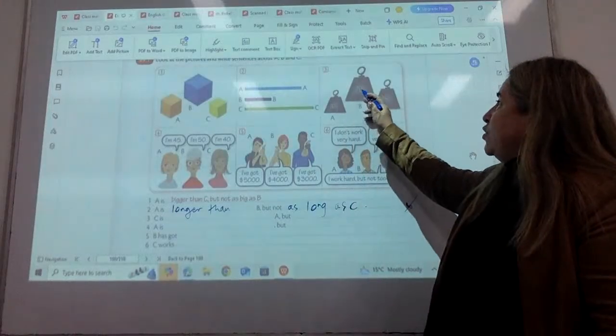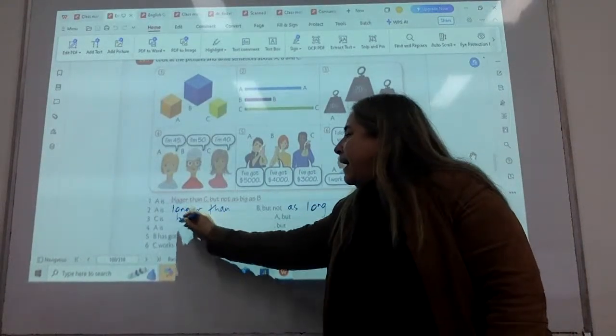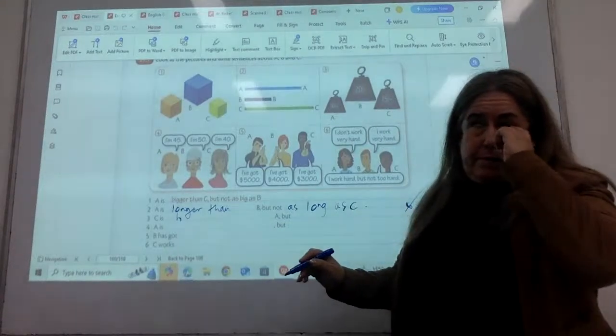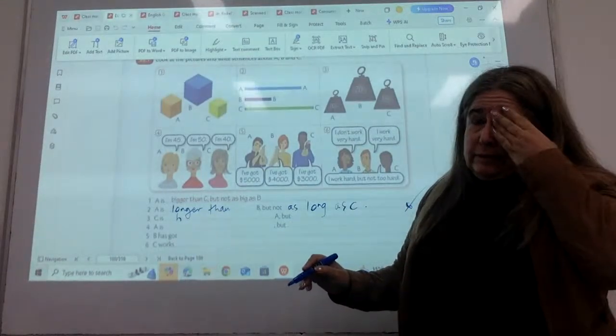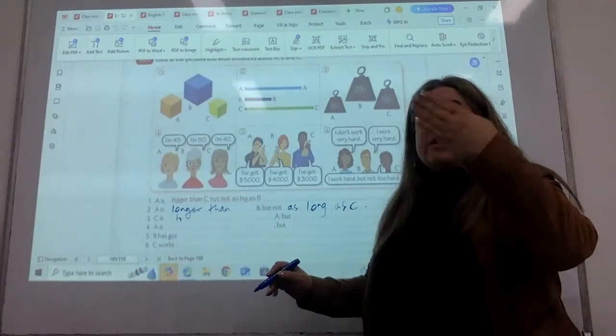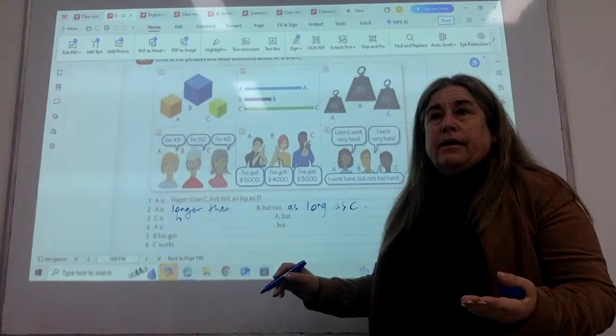C, so we've got 10, 20, 15. So C is, how do we say pesado? Heavy. And if it's comparative, what are we going to say? Heavier.